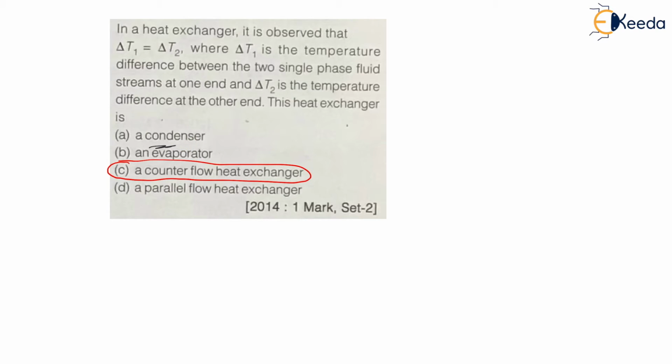Both in condenser and evaporator there is a phase change, but in a condenser the hot fluid changes phase, and in an evaporator the cold fluid changes phase. And just now in the previous numerical we have seen that whenever there is a phase change of any one fluid, the parallel flow always becomes equal to counter flow. Parallel flow and counter flow heat exchangers become exactly the same.